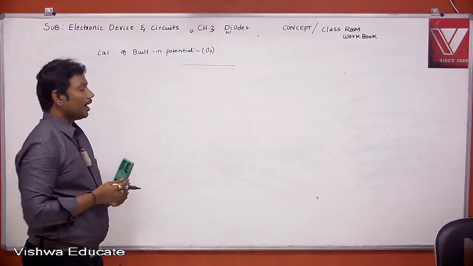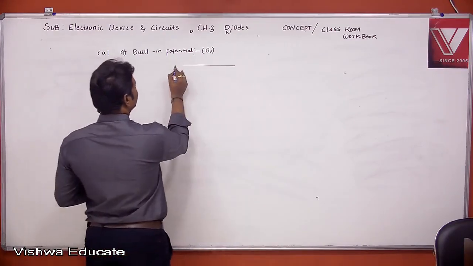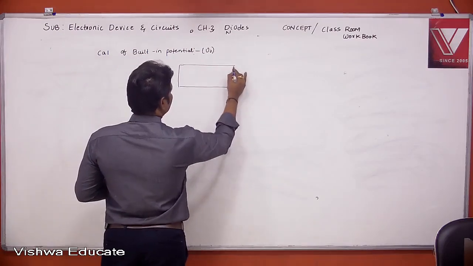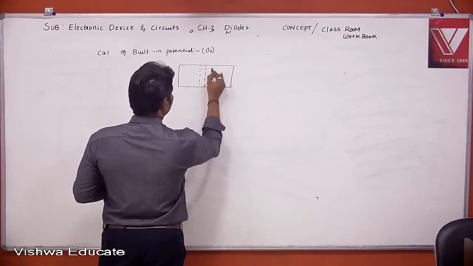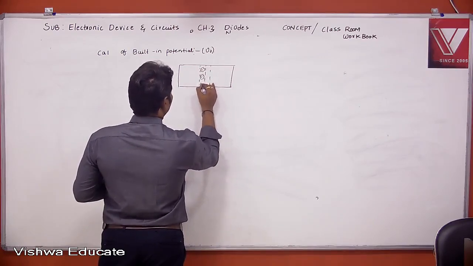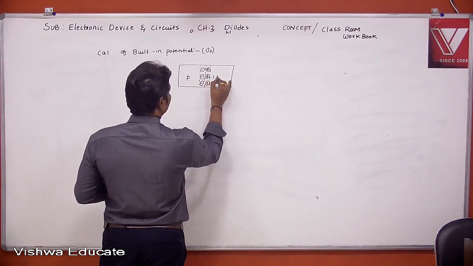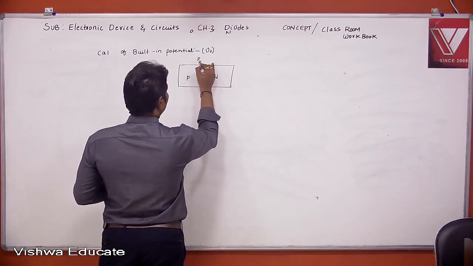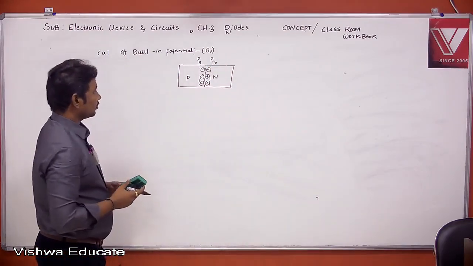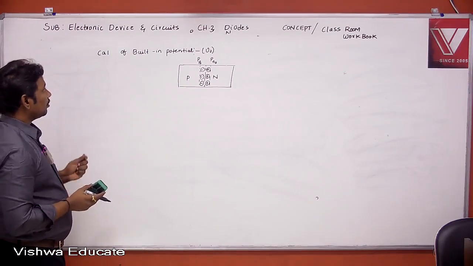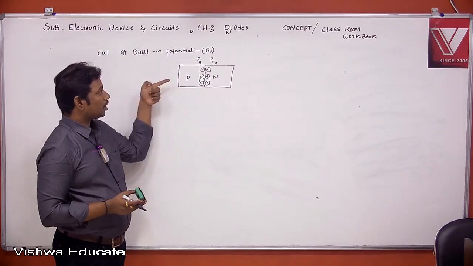To calculate the built-in potential of a PN junction in open circuited condition, consider a PN junction in open circuit condition for which the current through this PN junction is 0.